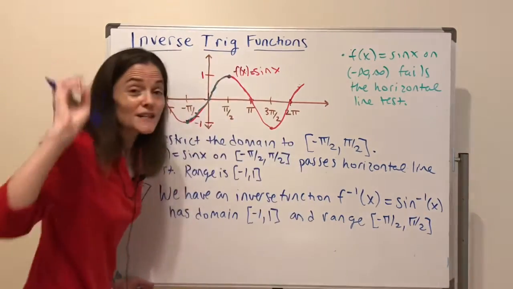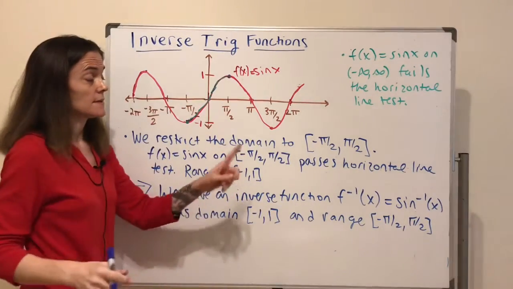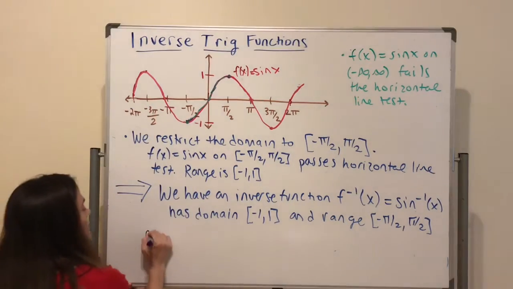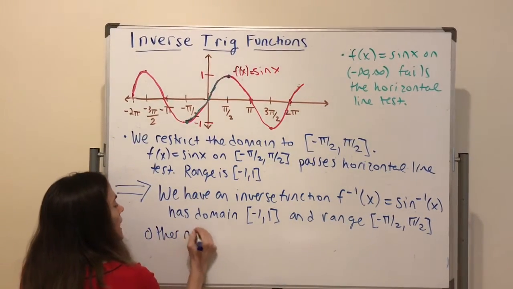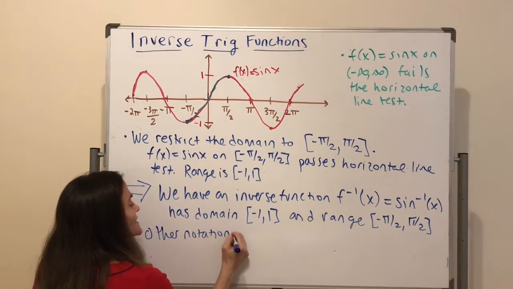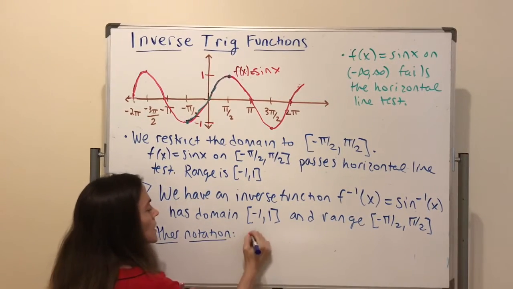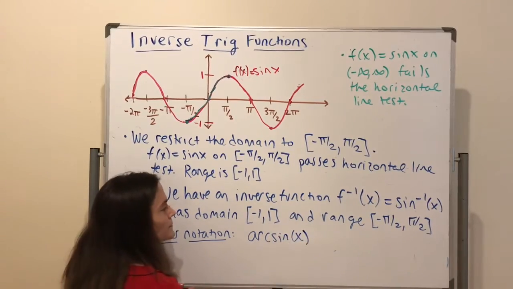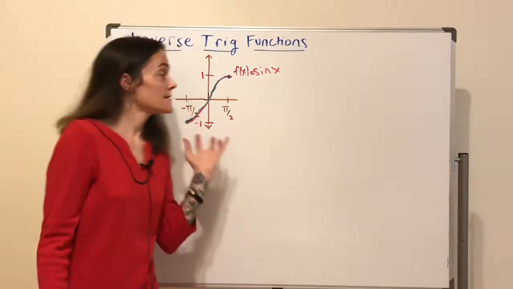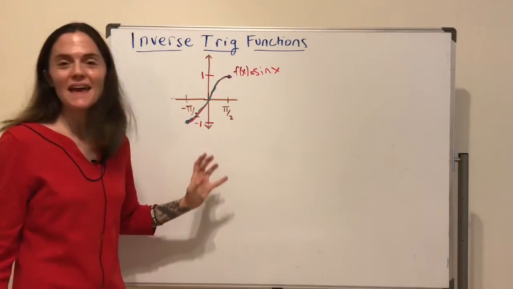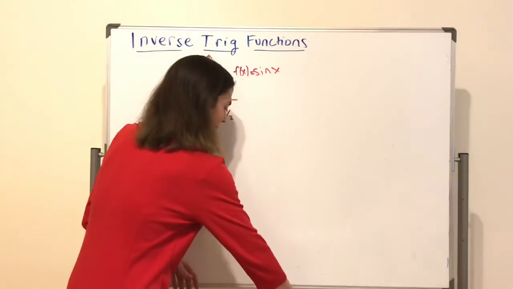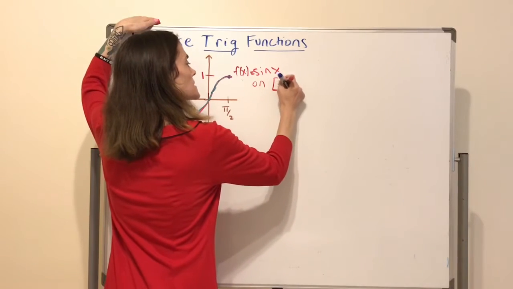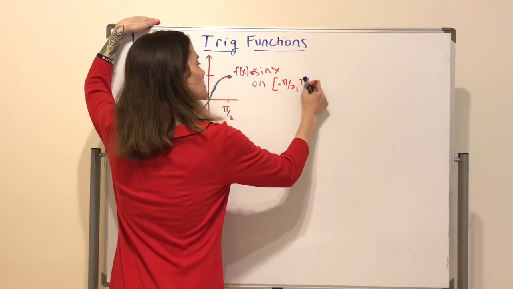Our text typically uses this sine to the -1 notation, but there is other notation, and you might hear me refer to this some this semester, which is arcsine. Now we see this restricted domain: this is on minus pi over 2 to pi over 2.